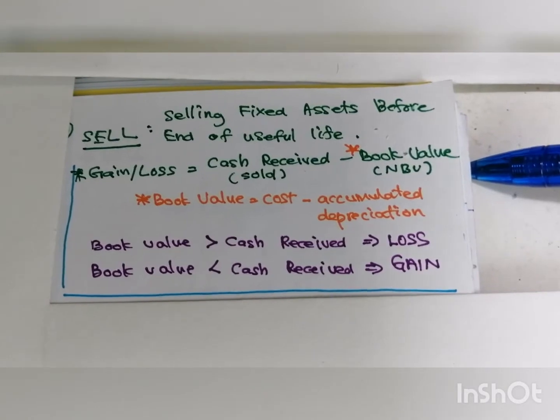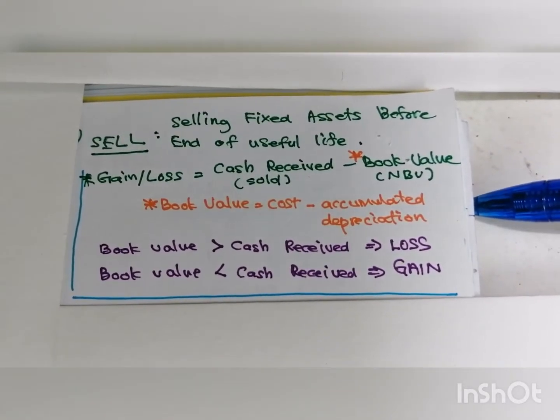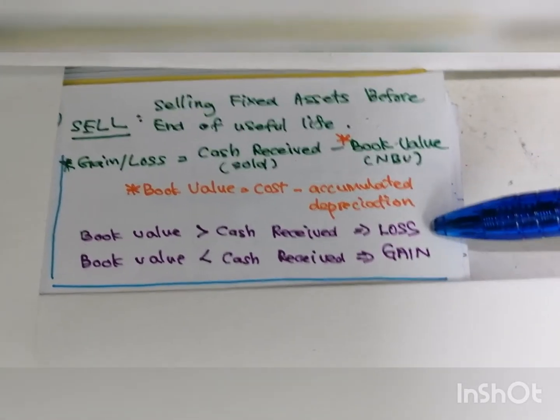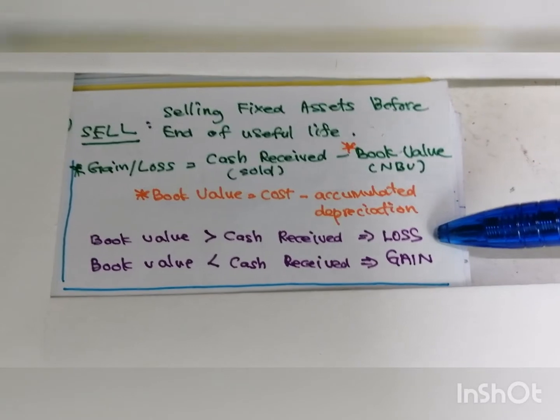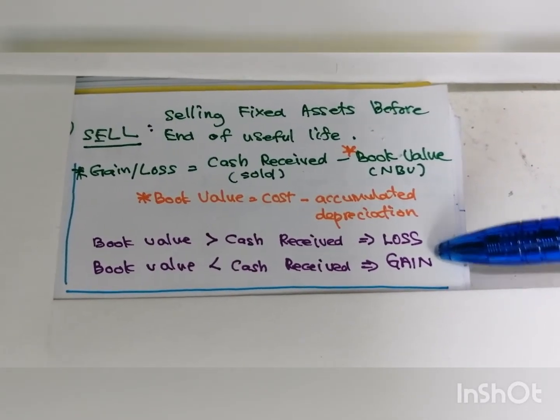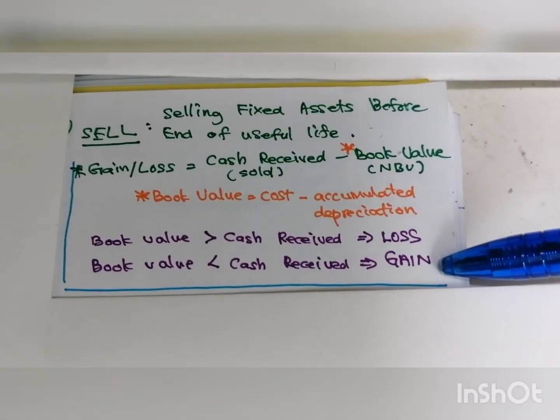Net book value refers to cost of asset minus accumulated depreciations. If the cash received is lesser than book value, it is considered loss. If the cash received is greater than book value, it is considered gain.